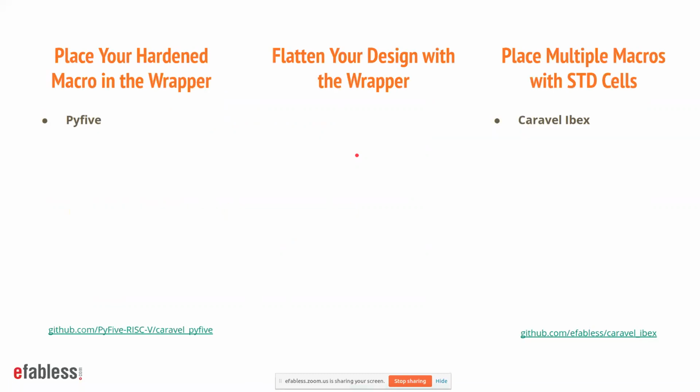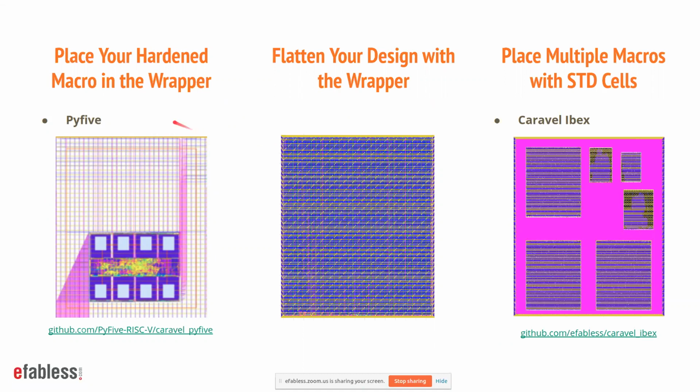So this is one of the possible design approaches that you can follow, which is placing your hardened macro in the wrapper. Like, for example, the Pi5 project here, which we had in the first MPW shuttle. So all the design logic is encapsulated inside this macro. And on the user project wrapper top level, we don't have any standard cells.